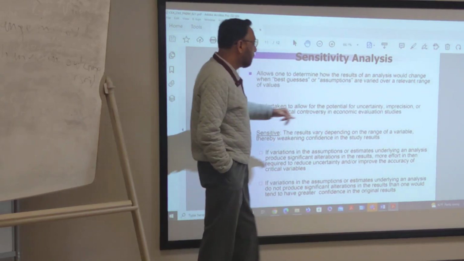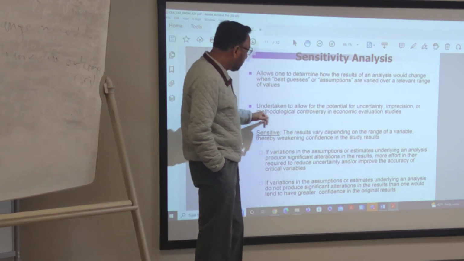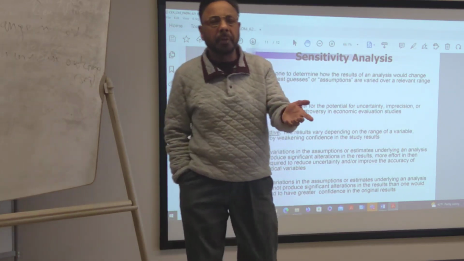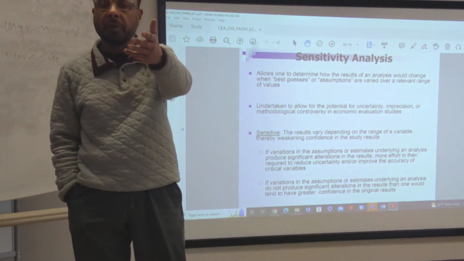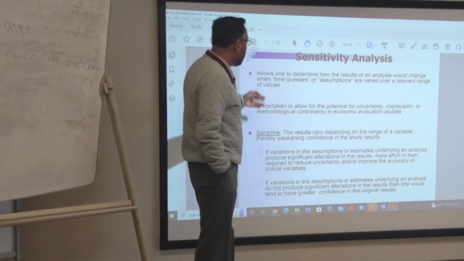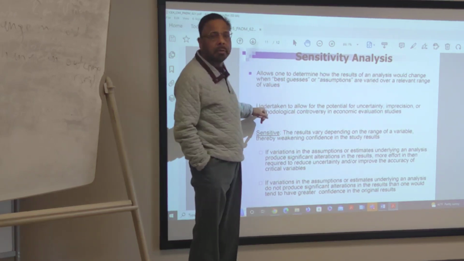Or there's imprecision in how you measured something, or your guess may not be correct, or there's issues about how to compute it. You may not like willingness to pay methods. You may not like contingent valuation methods. I may not like the source of your data, right? In that case, I'm saying, look, let's see how results change if I change something. That's why you do it.